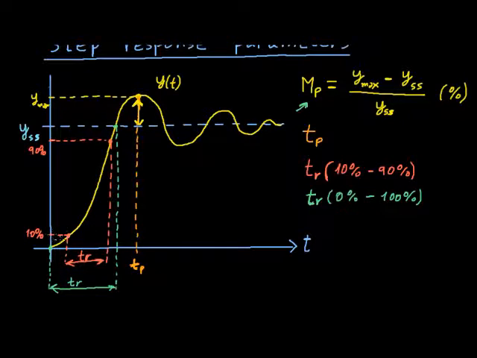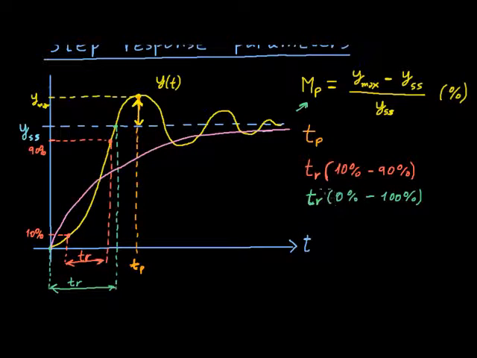So you can see that by looking at the response of a system like this one. This response never really reaches y_ss. It is approaching it, but it never does.